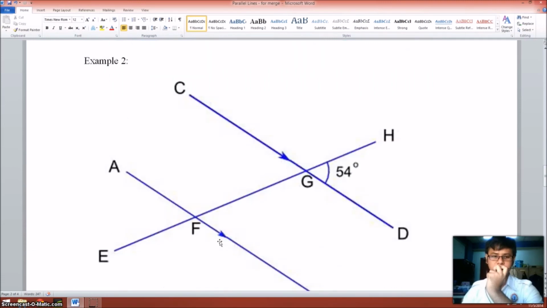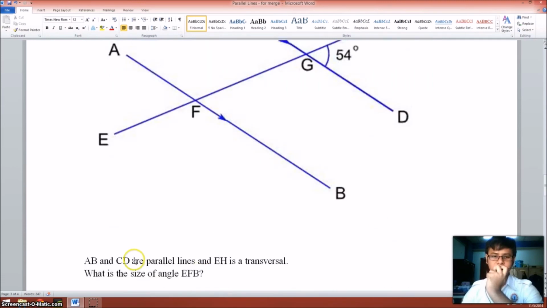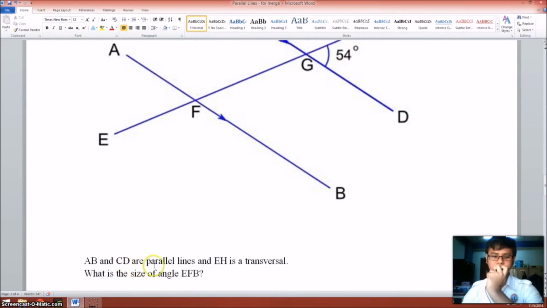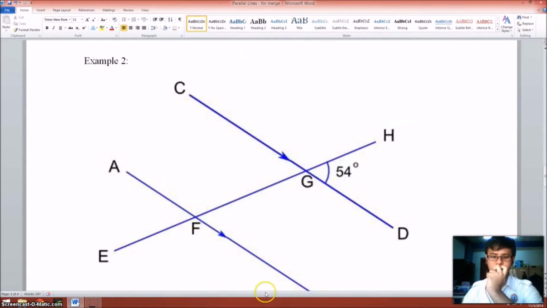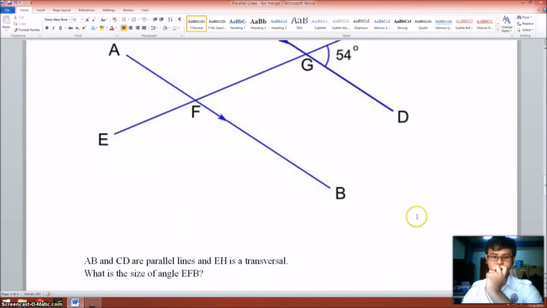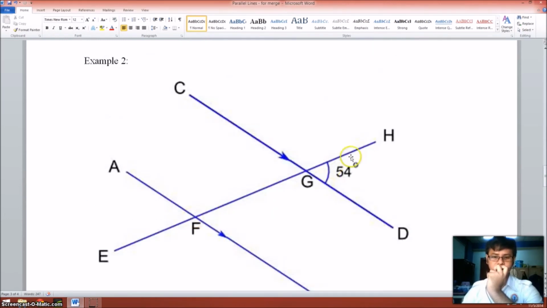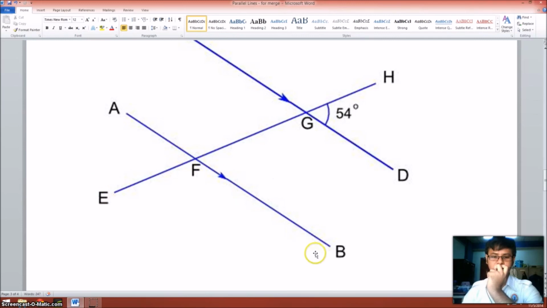Let's take a question. Take a look at this diagram. AB and CD are parallel lines, and EH is a transversal. What is the size of angle EFB? It is given here that angle HGD is 54 degrees, and we want to find EFB.